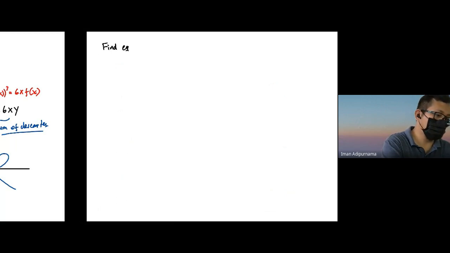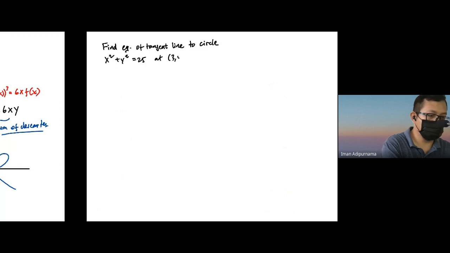Find the equation of the tangent line to the circle. Let's use the circle that we have already done, at the point 3, 4.